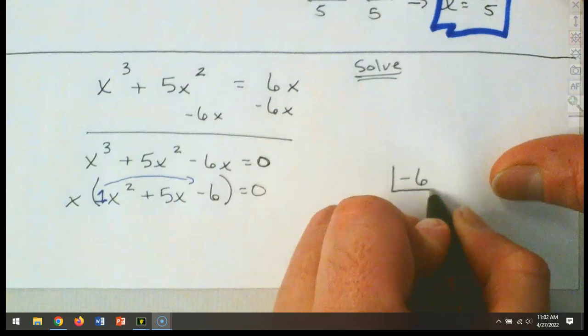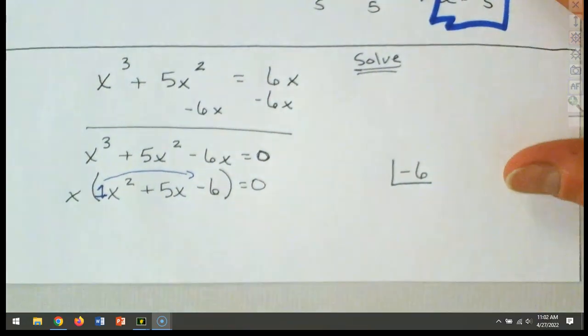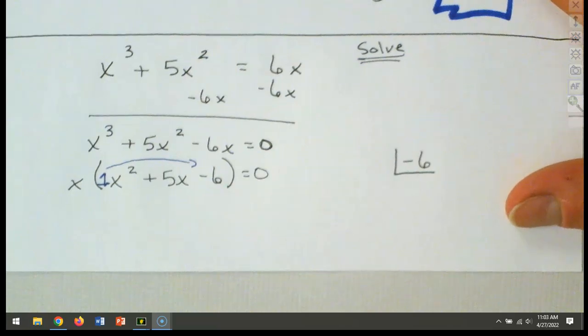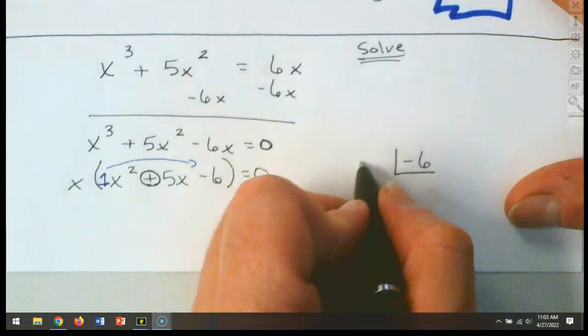And so we know, what about the signs? Are they different or are they the same? Different, okay? Which one's larger, the positive one or the negative one? Yep, positive, because the middle's positive here.